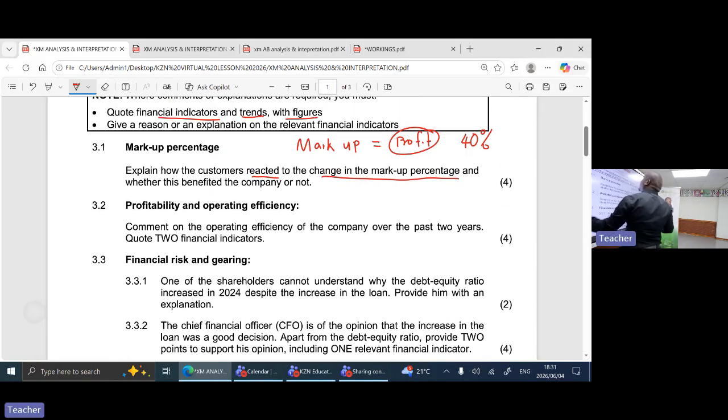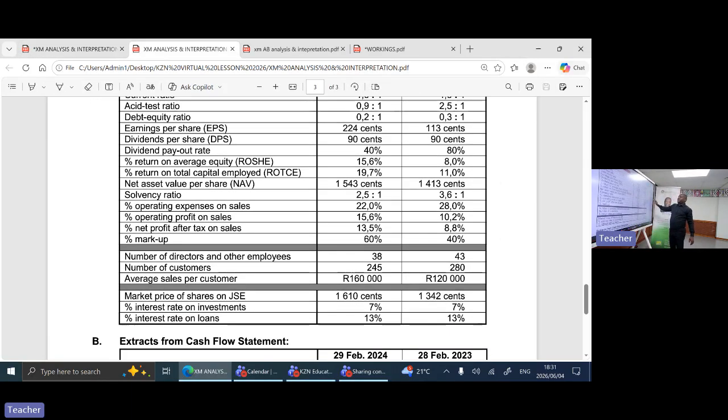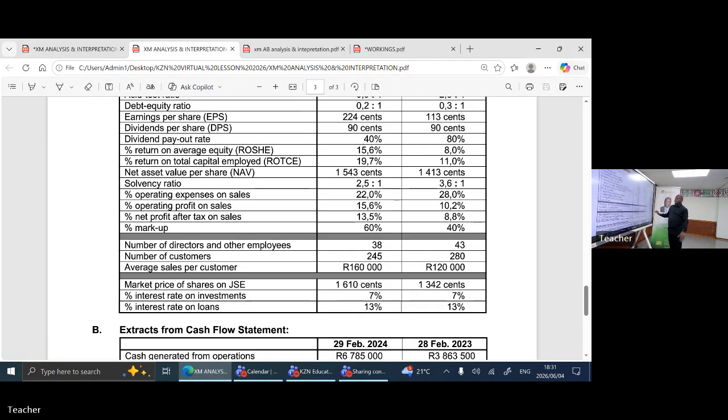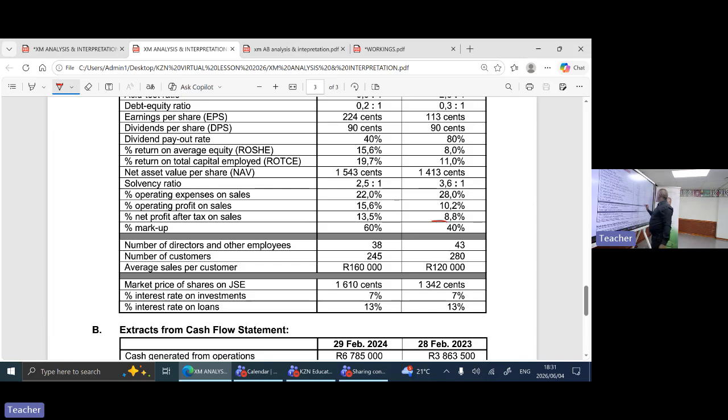Okay. So here are my questions, and then here's the information. All right. So we have our information here. Here is the markup, as you can see. Markup increased from 40% to 60%, meaning that the price of the goods is now more expensive. How did the customers react to this?